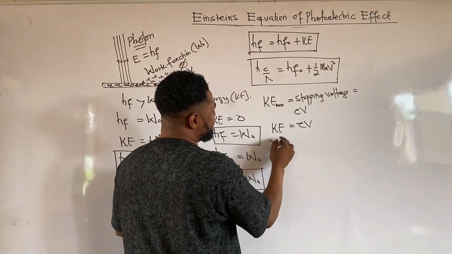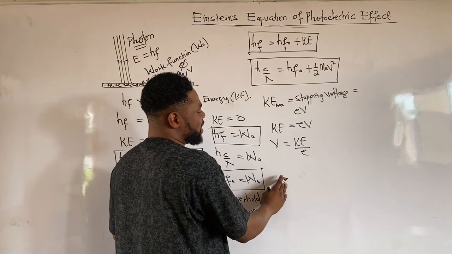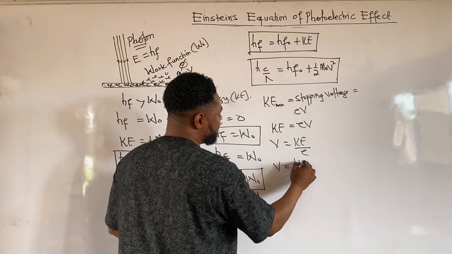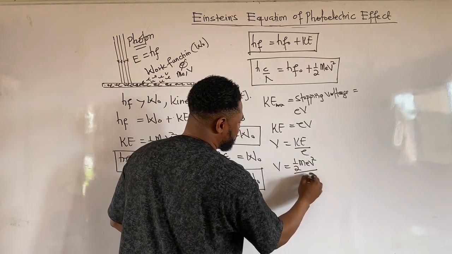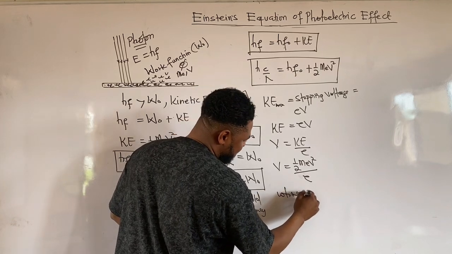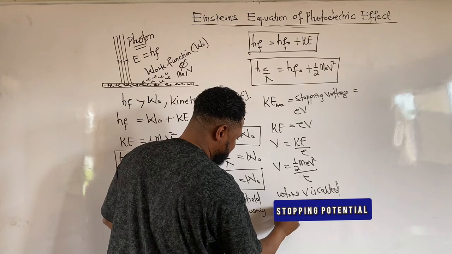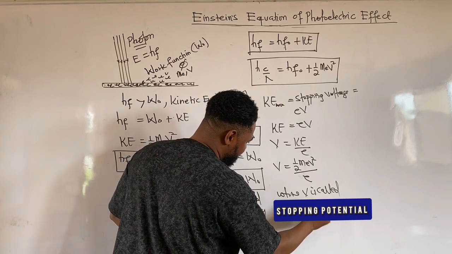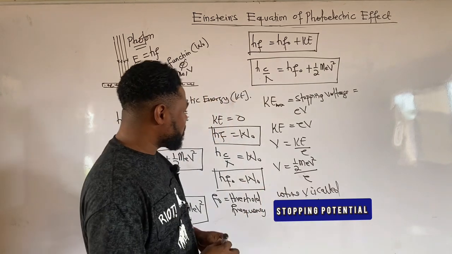Making V the subject, V will be equal to kinetic energy over e, which we can break as V equal to half m_e v squared all over e, where V is called stopping potential. So we introduce stopping potential in relation to kinetic energy to do calculation.